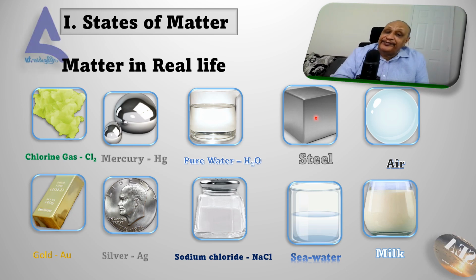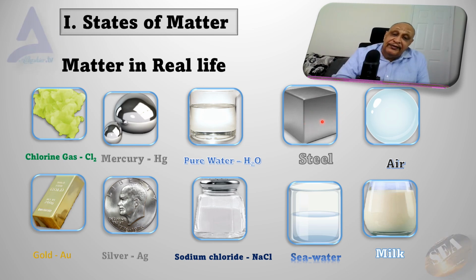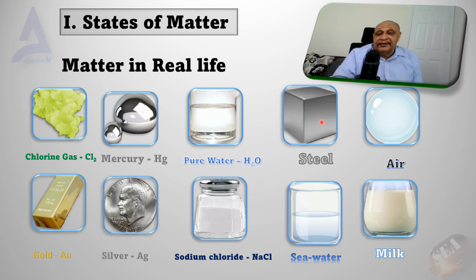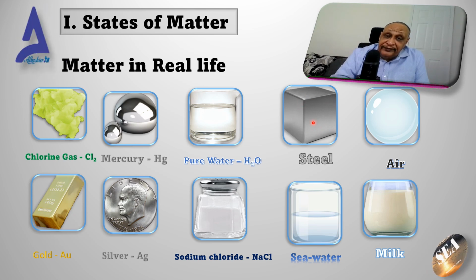Steel. Steel is made of more than one atom. It is made of mainly iron plus chromium and some sort of carbon together.